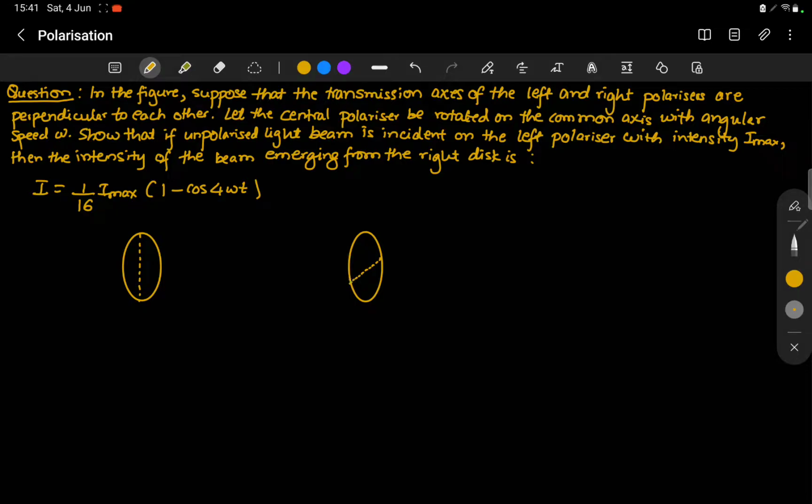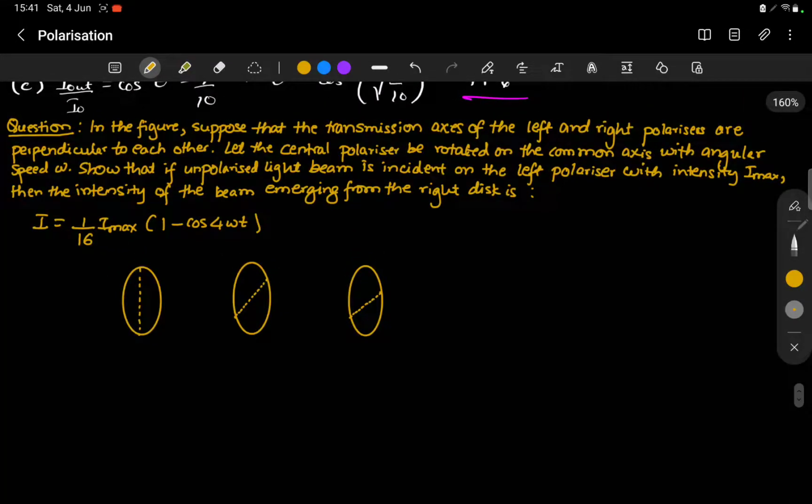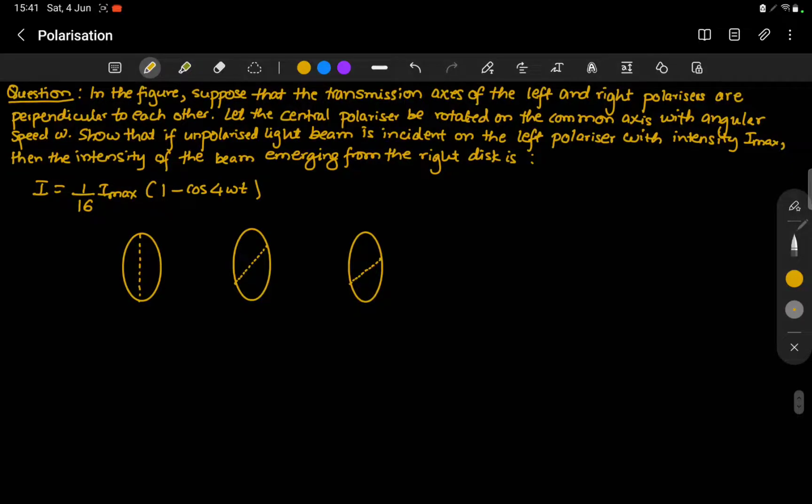Then we have a polarizer in the middle of these two, for this polarizer the transmission axis is somewhere over here, and this transmission axis is rotating. So this polarizer is being rotated by omega. So the transmission axis is also rotating by that angular speed. So this is the left polarizer, this is the right polarizer, this is the central polarizer.